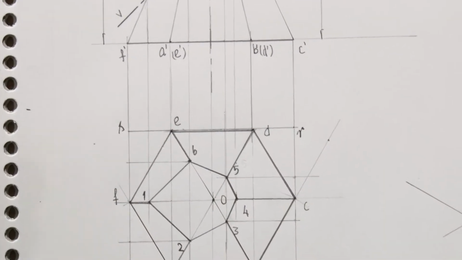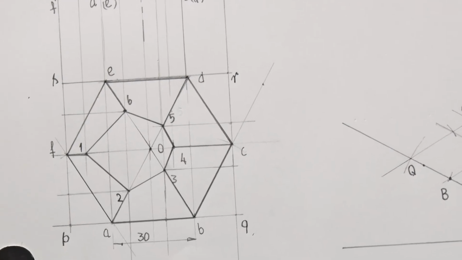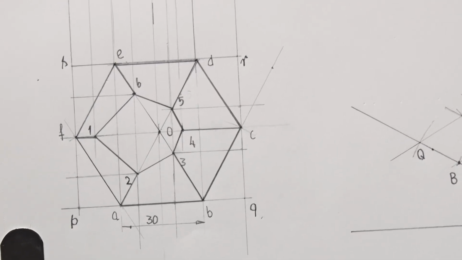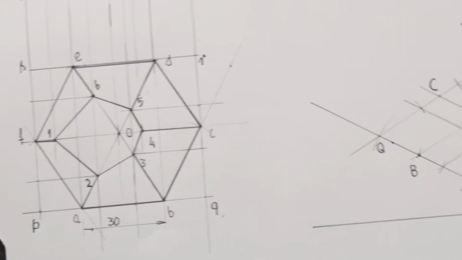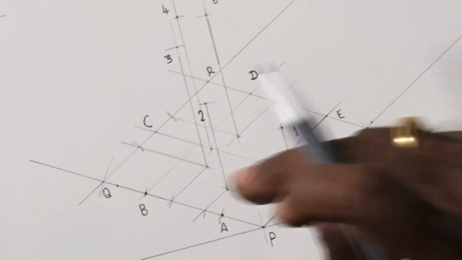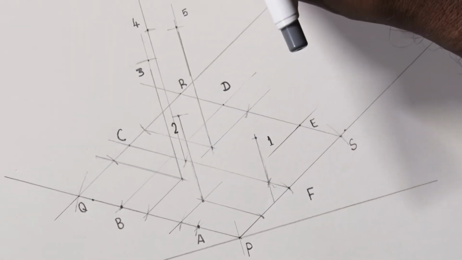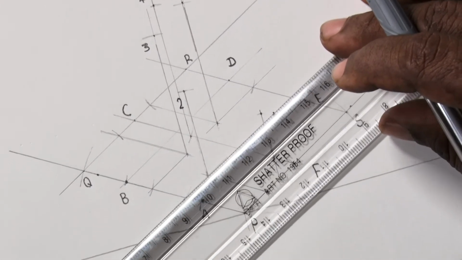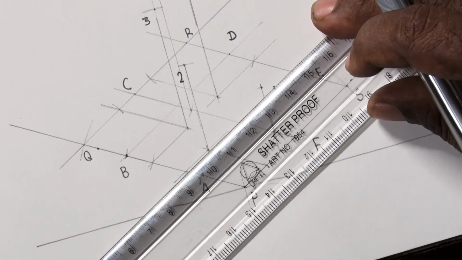So location of 2 is available. So we have 1 here, we have 2 here, this is location of 2. Accordingly we can locate 6 also on the same line.